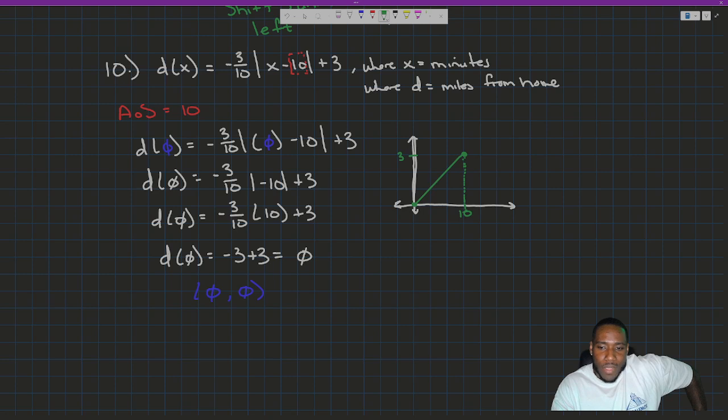All right? 10 is the halfway point in this journey, right? So we start traveling for 1 minute, 2 minutes, 3 minutes, 4 minutes, 5 minutes, 6 minutes, 7 minutes, 8 minutes, 9 minutes, 10 minutes, and at 10 minutes, we get to the park, right? And the reason we know that to be true is because this is the maximum distance that we travel away from home before we start to travel back.